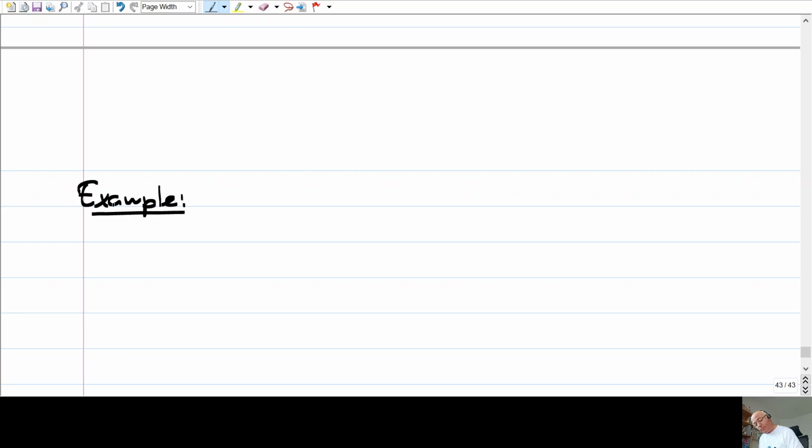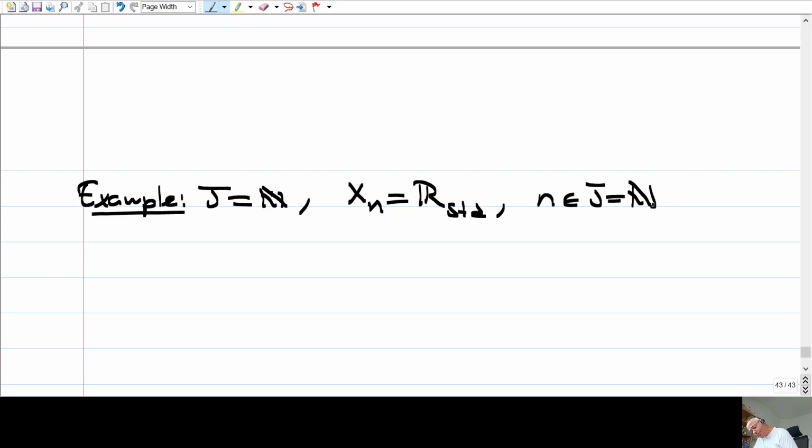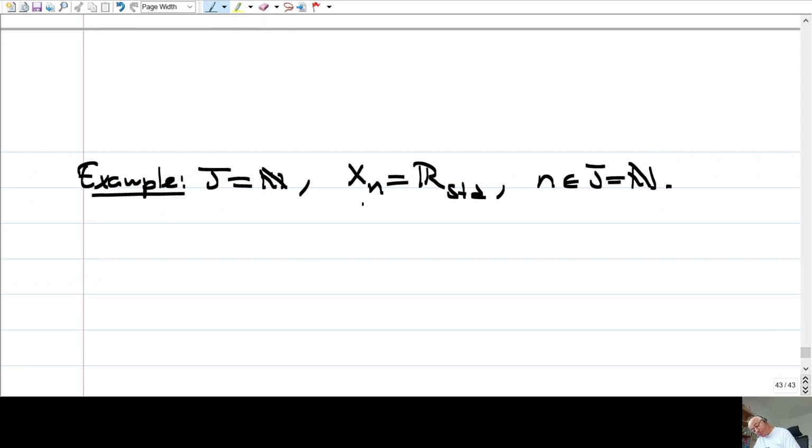Example. Let me choose my index set to be the set of natural numbers, and for each n, let X_n be R with the standard topology, and consider the product over n in N. So what is this?